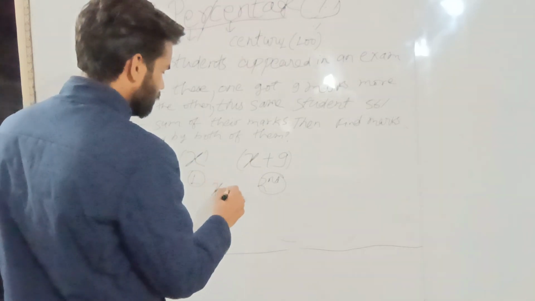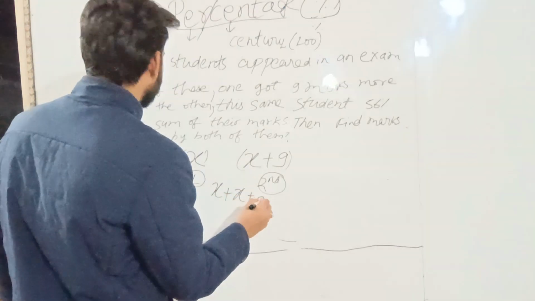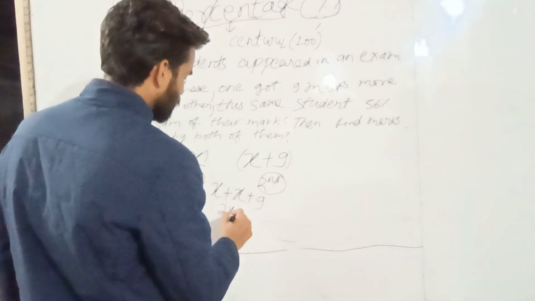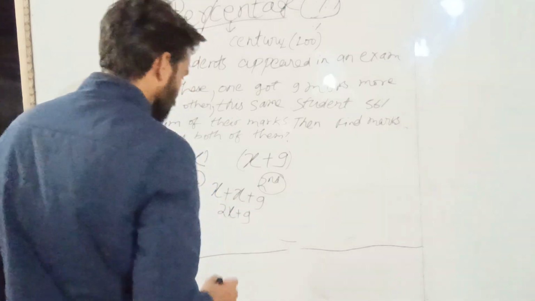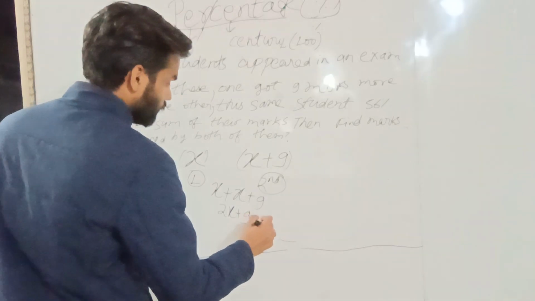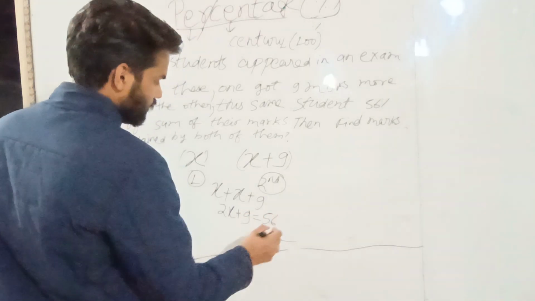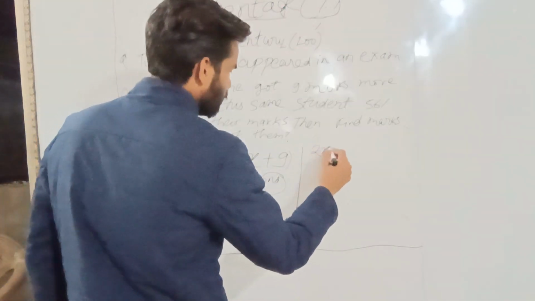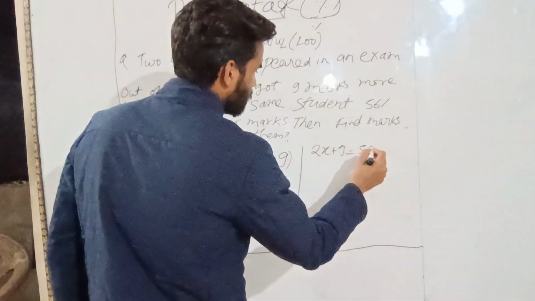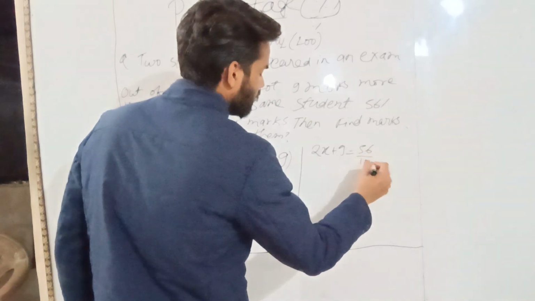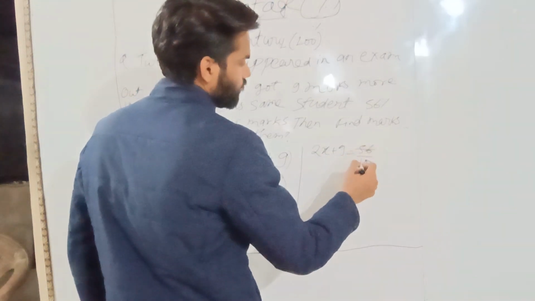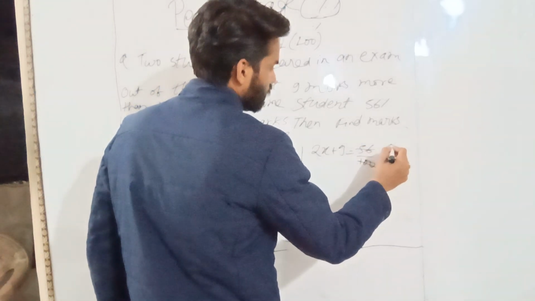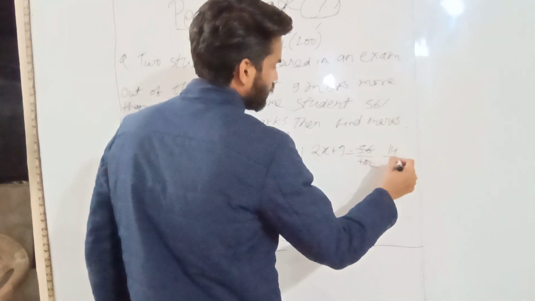Then we can write this like that. Sum of their marks is x plus x plus 9. So we can write as 2x plus 9, and this 2x plus 9 is 56%. We can write it as 2x plus 9 is equals to 56 upon 100, or if we are cutting it by 4, then we can get 14 upon 25.